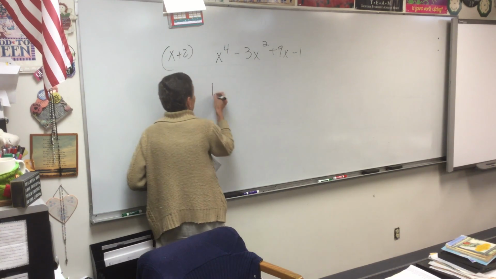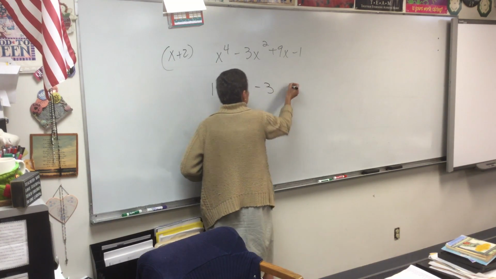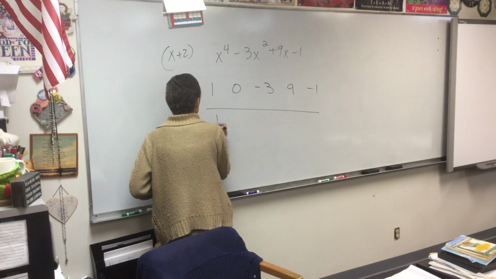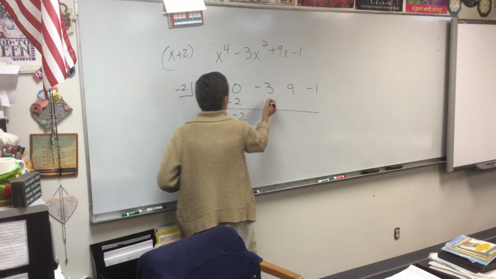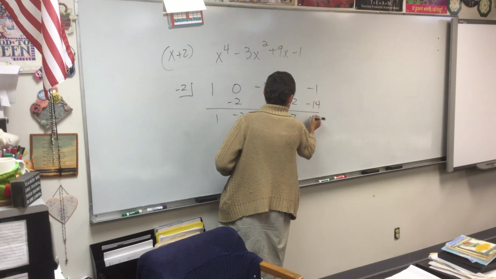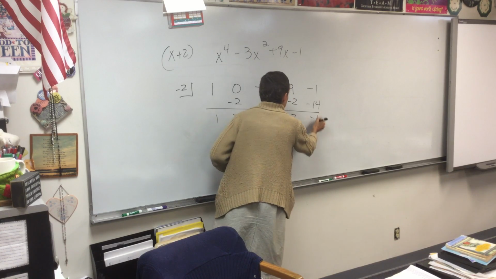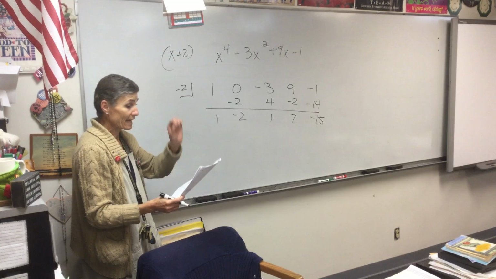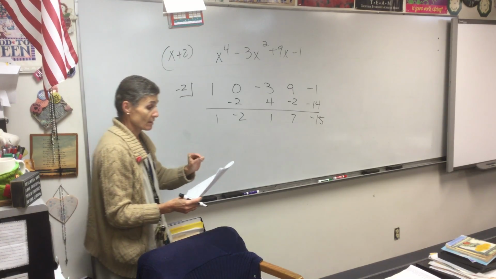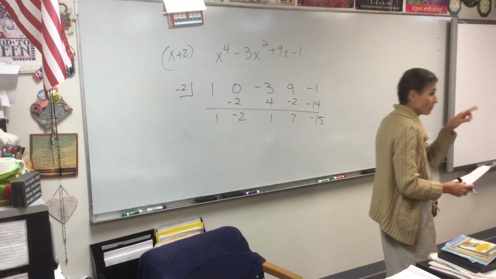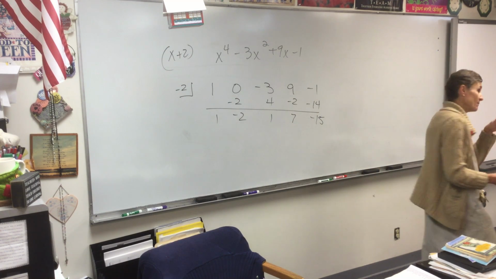So you already divided it out and you got a remainder of something. Let's see if I match what you got. Did you get negative 15? So the answer to the question is no, because there's a remainder of negative 15.